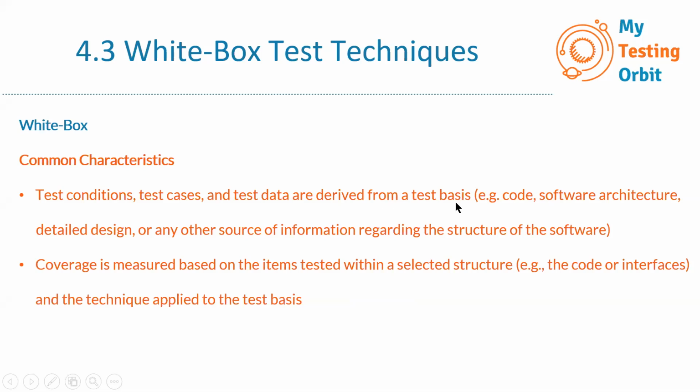But here, the test basis will be either code, software architecture, detailed design, or any other source of information regarding the structure of the software. Coverage is measured based on the items tested within a selected structure, for example, code or interfaces, and the technique applied to the test basis. Regarding coverage, when we go further into the detail of the white box testing types, we will individually see how to measure the coverage using each specific test technique.